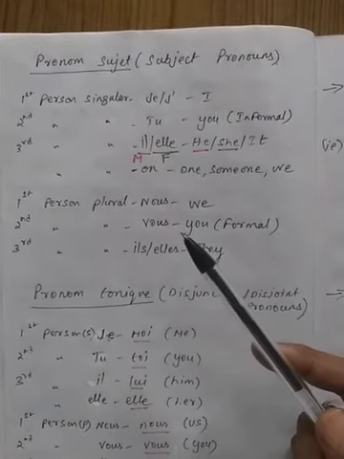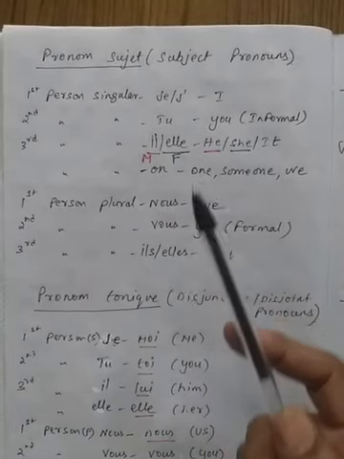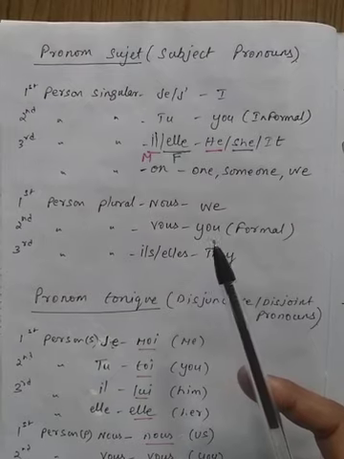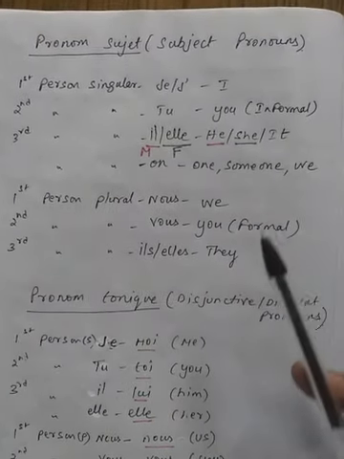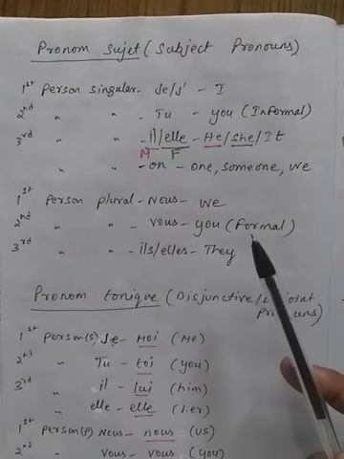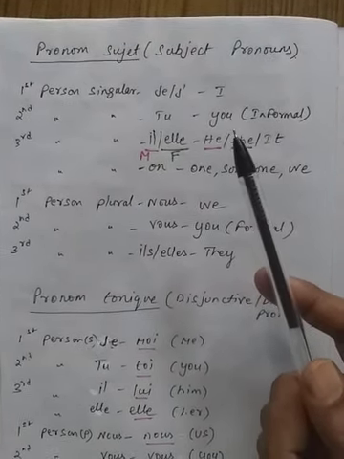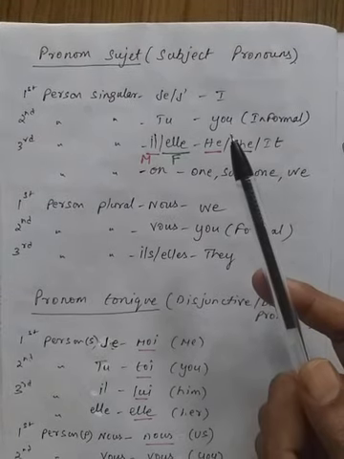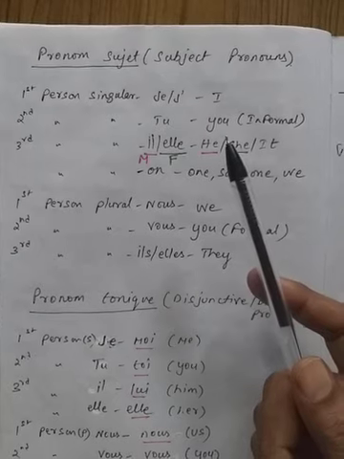Then what is the difference between the second person singular you and the second person plural you? Both have the same meaning, but one is informal and the other formal. If you are talking to persons of the same age or younger, you use the tu form with its conjugation.